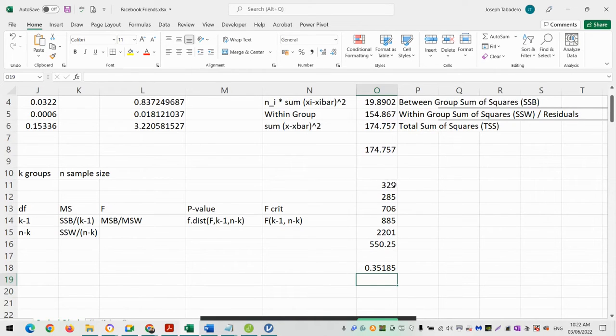However, yung na-observe natin is meron tayong 325 for the first class, 285 for the second class, 706 for the third class, at 885 for the crew. And these numbers seem to be very far from the idealized na or expected value na 550.25.